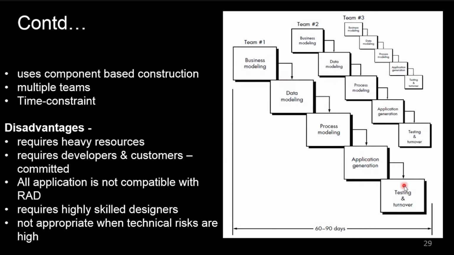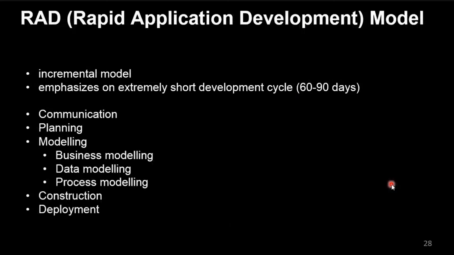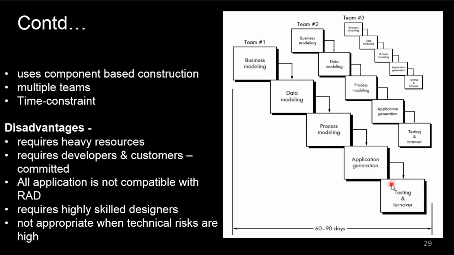Every project using this RAD model is going to follow these steps. First you communicate with the person, then you plan your project, then comes the modeling phase, with business modeling, data modeling, and process modeling, and then construction and deployment.